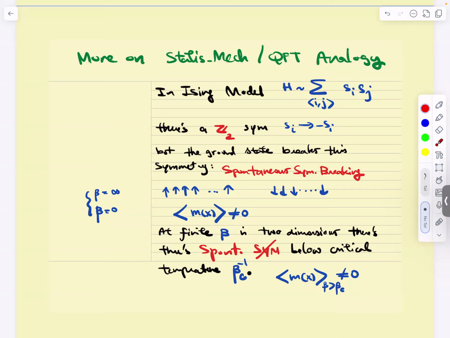That's obvious from this. But the ground state breaks this symmetry, spontaneous symmetry breaking. It's either up or down. The ground state breaks it, right? And that means non-zero magnetization.